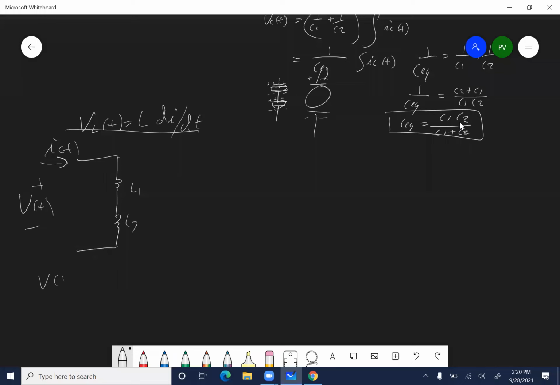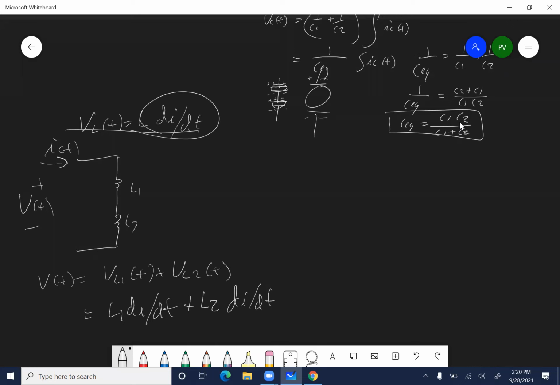V of t is equal to VL1 of t plus VL2 of t. VL1 of t is just going to be L1 di/dt, plus L2 di/dt.